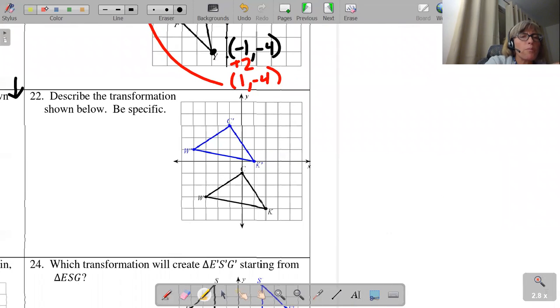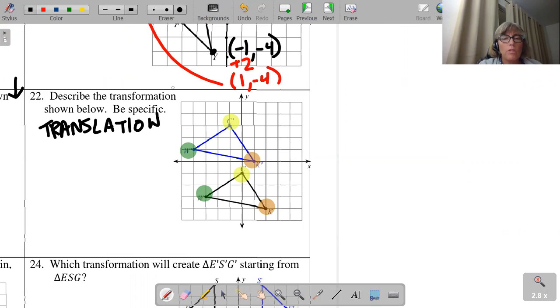Describe the transformation. If you look very carefully, the C moved there, the W moved there, K moved there. So this is just a bunny hop, if you will, and therefore it's a translation. It's not a reflection. So your translation is simply 1 unit to the left, 4 units up.